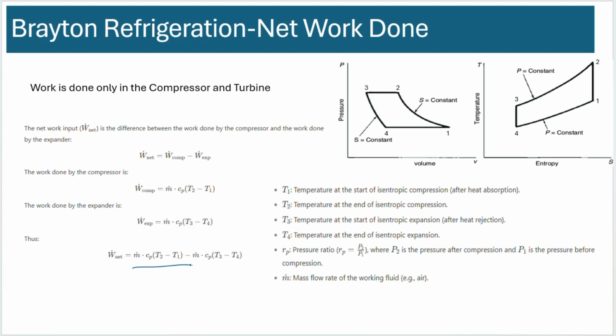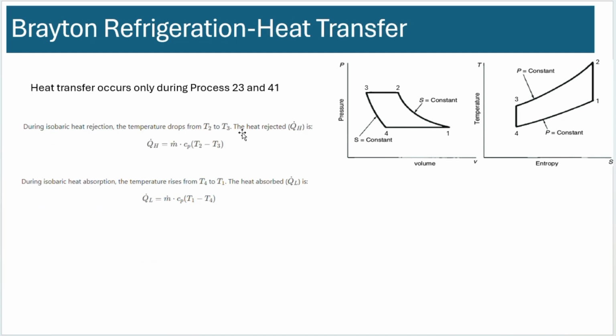You could write that down in terms of the enthalpies, for example, and the net energy transferred during the high temperature process, which is T2 to T3, could be written like this, and the low temperature process could be written like this, okay?